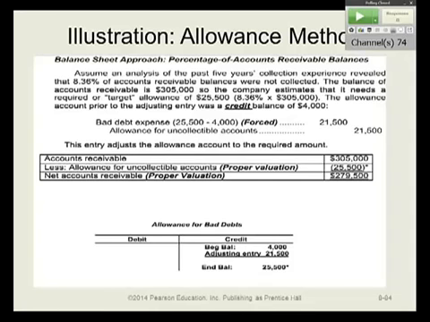So now, your adjusting entry is a debit to the bad debt expense and a credit to the allowance for bad debts. And again, that is not matched, it's forced, depending on the existing balance.